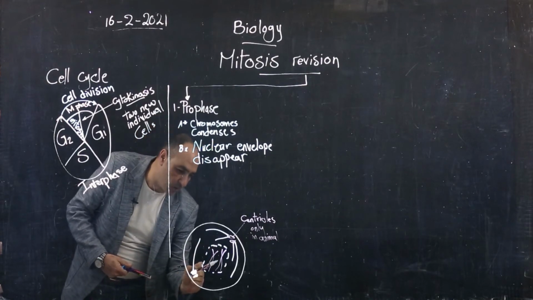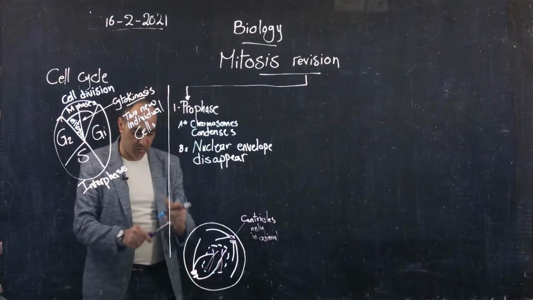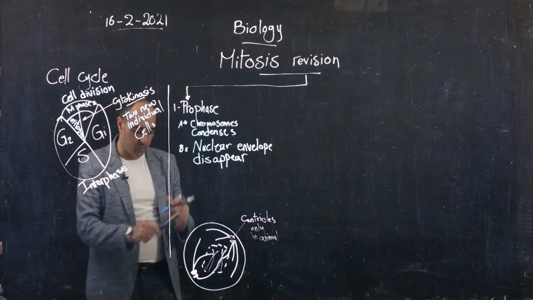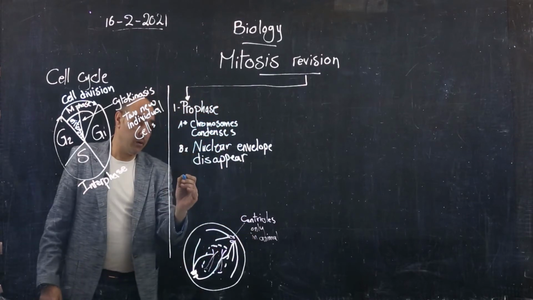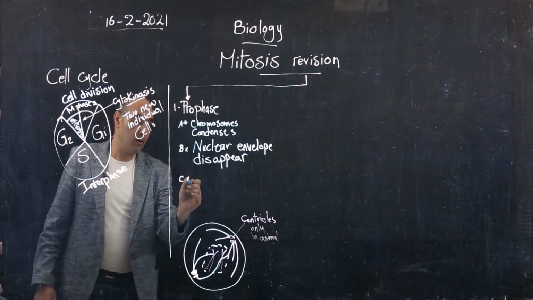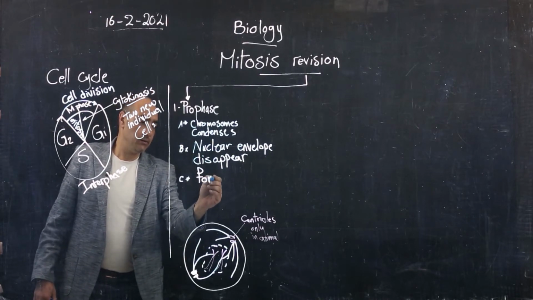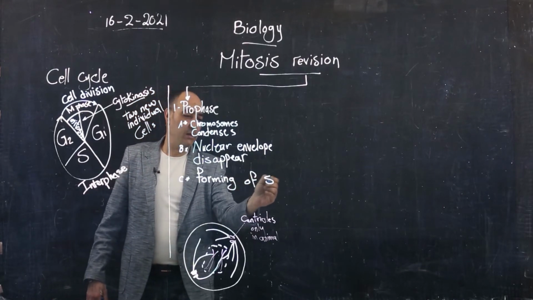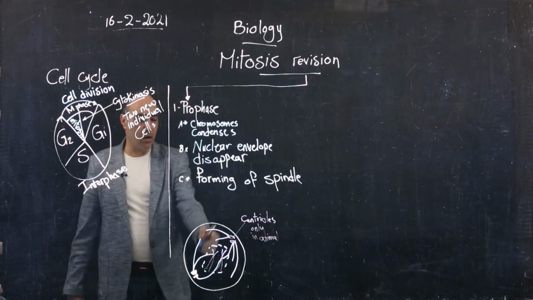This spindle fiber is attached to the chromosomes. So the third event that takes place here is the forming of the spindle.